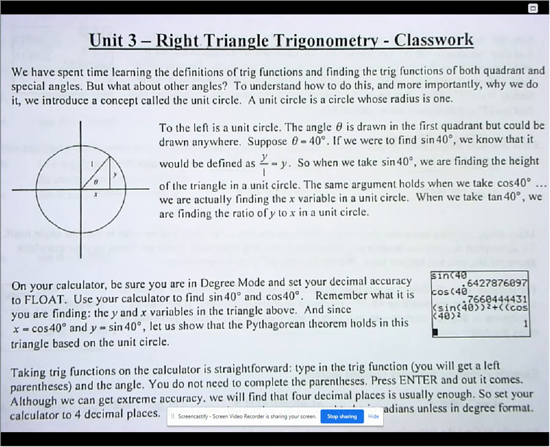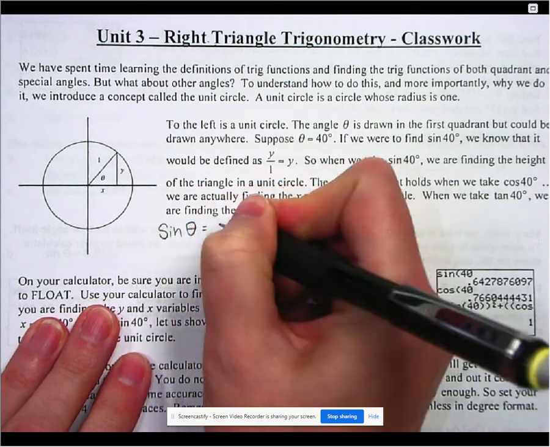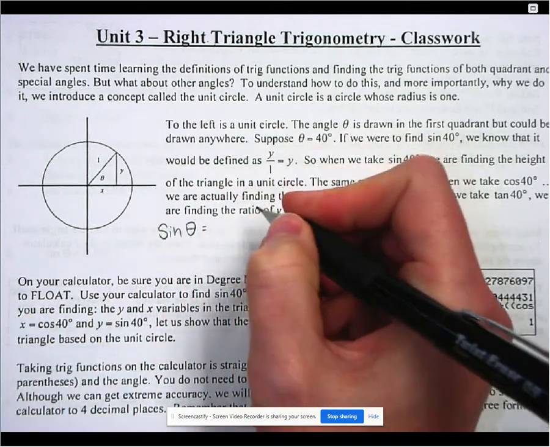But you do need a graphing calculator to do this assignment, and preferably a TI-84 because that's the directions I'm given. So this packet starts off talking about the unit circle, but then we don't really do much with it. The unit circle is a circle where the radius is 1 unit. And so basically it just tells you that for using the unit circle where r is 1, if we want to find the sine of an angle, we don't have to do y divided by r because r is 1.